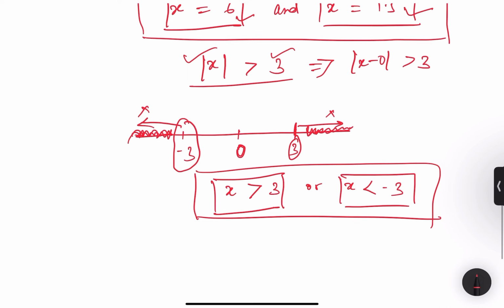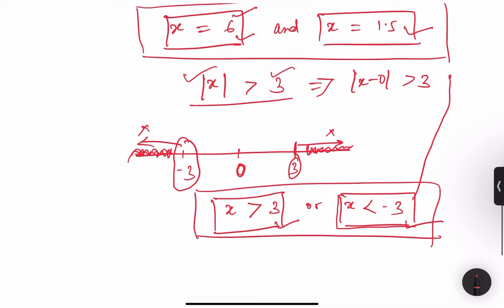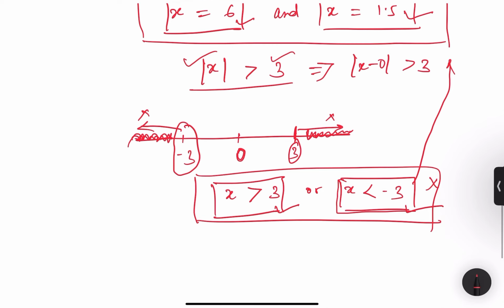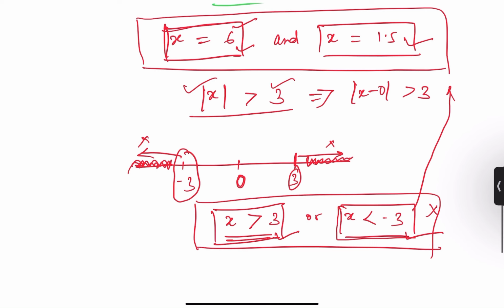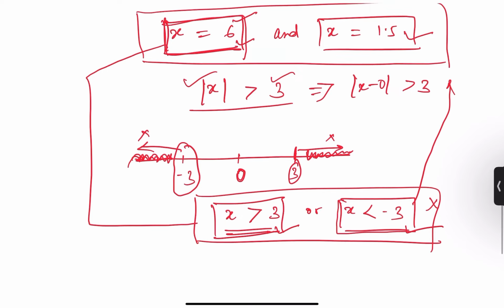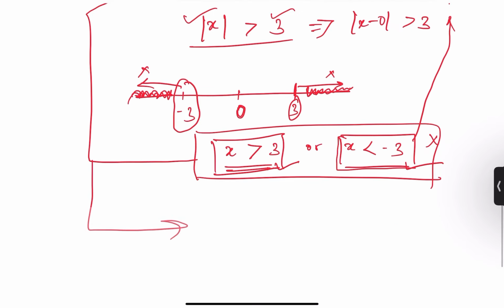And from here we see x is more than 3 or x is less than minus 3. Because x less than minus 3 is not falling anywhere from above, we rule out this particular value, and x more than 3 and x equal to 6, these two taken together satisfy our requirement that x is equal to 6.